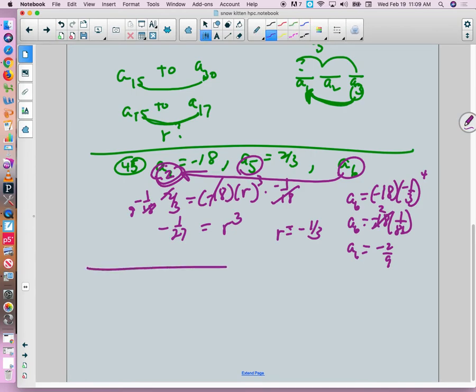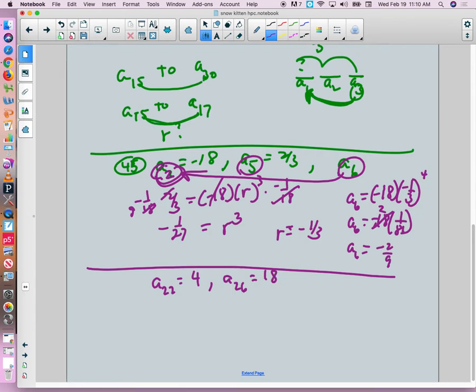Let's work this one. Let's say I have a sub 22 is equal to 4, and a sub 26 is 18.